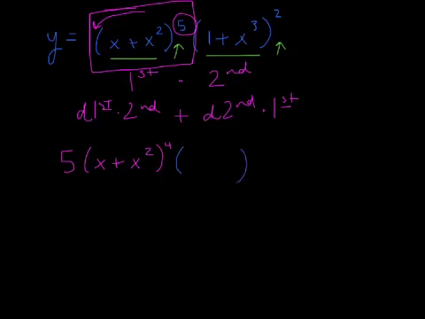X to the first, when I take the derivative, just becomes 1. I bring that 1 forward, I subtract 1 from my exponent, and that gives me 0 x's left, so I don't even write them. And then I get 2x when I do the derivative of x squared. Okay, all of that is the derivative of the first expression.